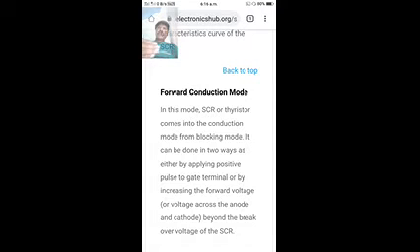Here the device enters into conduction by increasing the applied voltage between the anode and cathode above the breakover voltage. What is breakover voltage?